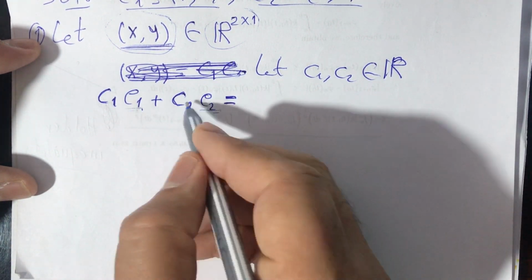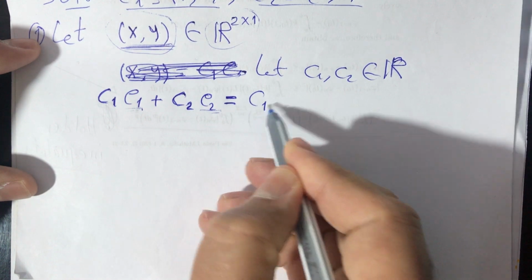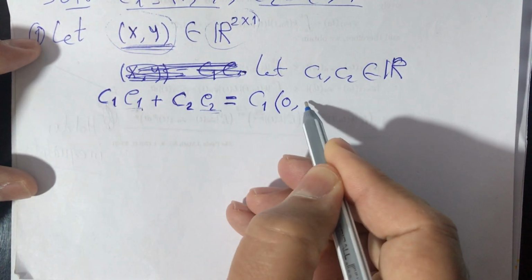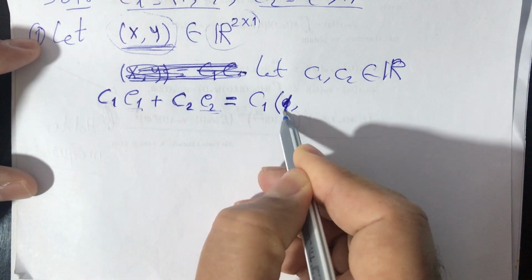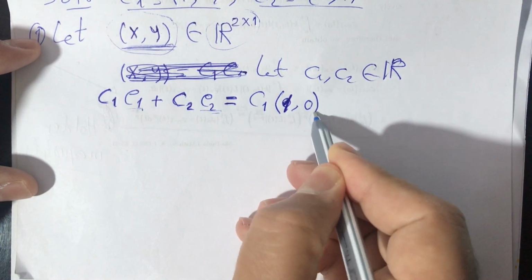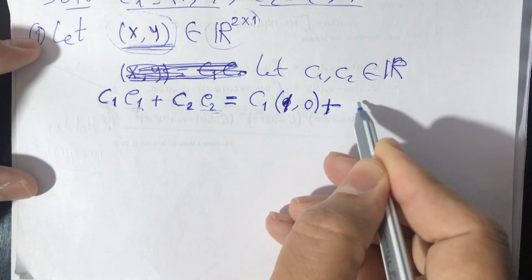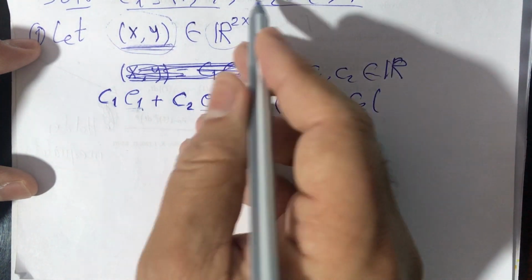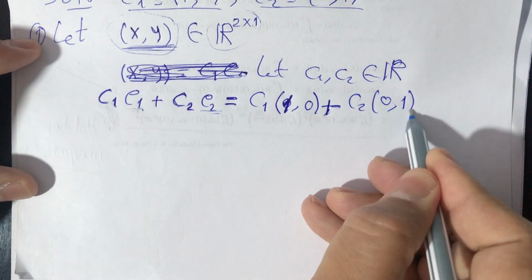Now we can substitute here: E1 equals 1 0, plus C2 and E2 equals 0 1.